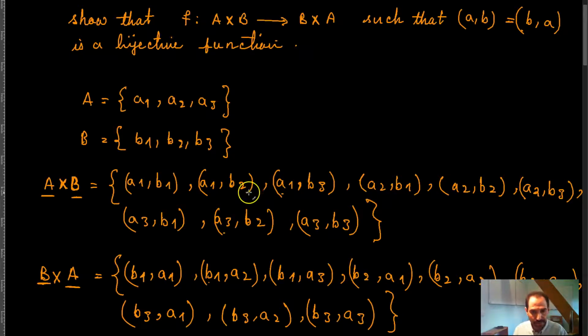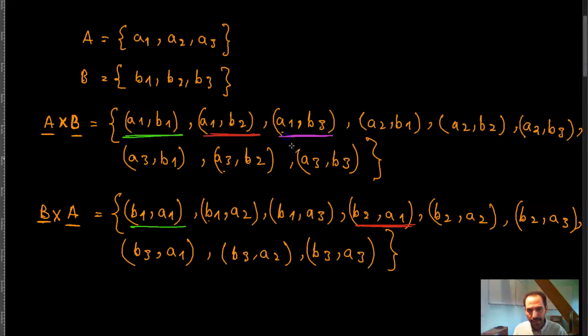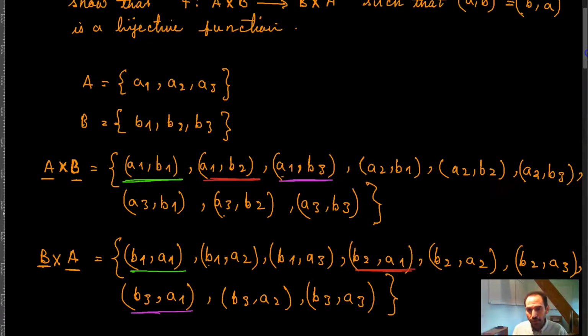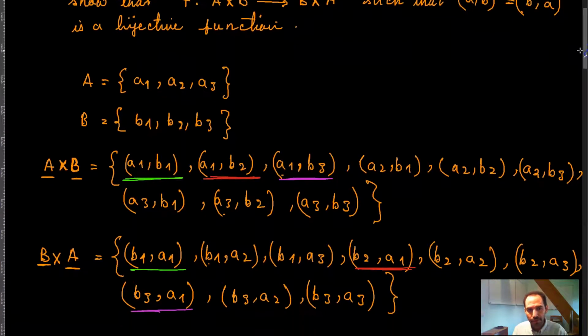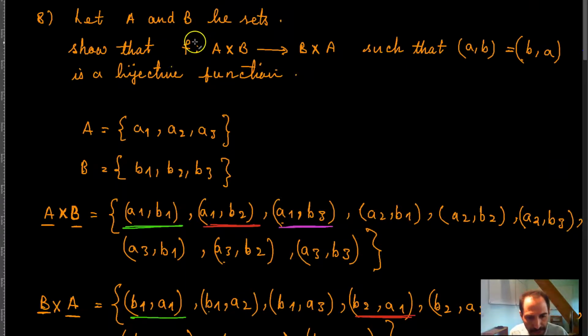And A1 B3 is the same thing as B3 A1, and so on and so forth, right? So we want to show that this function is a bijective function.